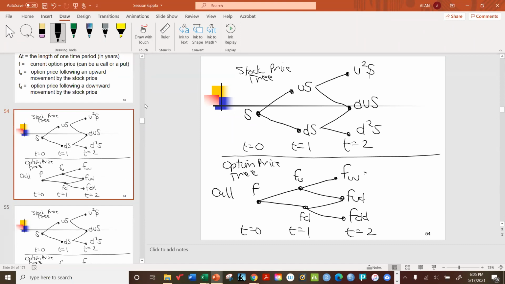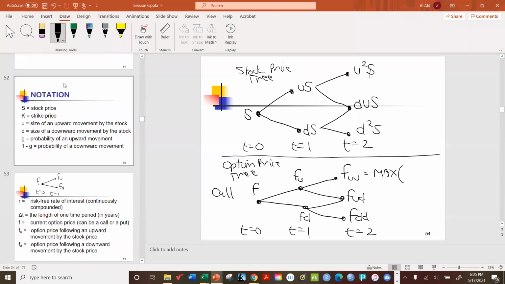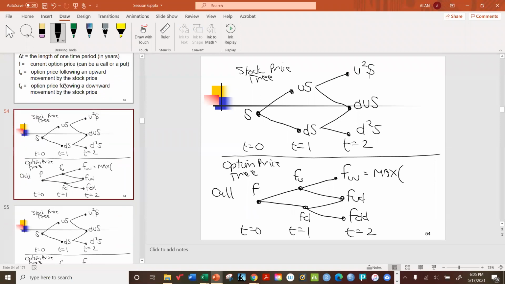So this would be max. Now, normally, as you know, the payoff to a call option is max of S minus X and 0. Here, actually, we're using K. Sorry, I forgot. So we'll have the max of U squared S minus K and 0, because that's the value that the stock will reach if it goes up twice.